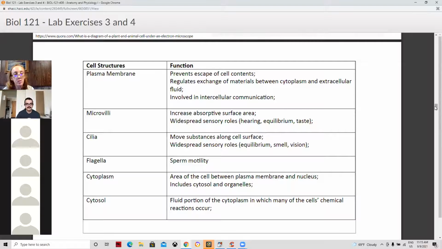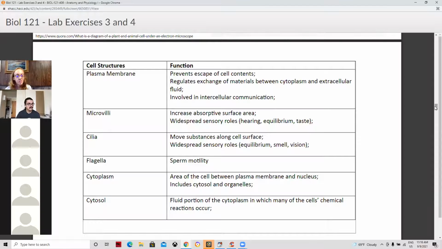What animal cell? There's only one animal cell that has flagella. What is it? The sperm. It's the male sperm. It's the only thing that has a little flipper that allows it to swim. And that little flipper is the flagella.